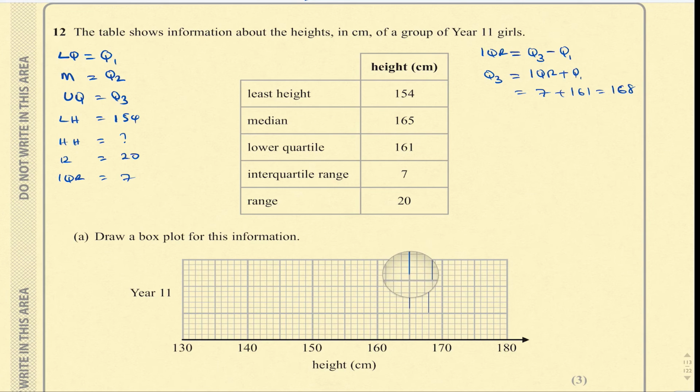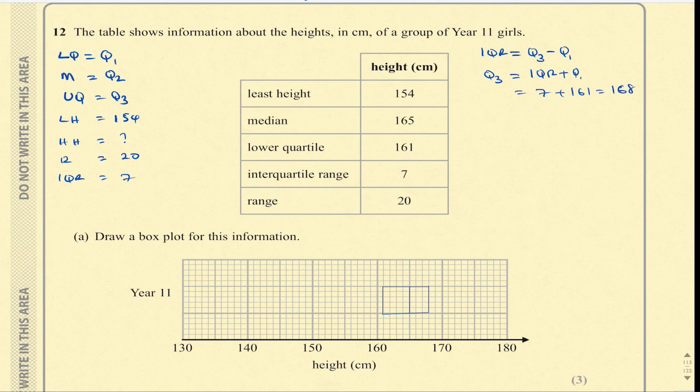So come here and I draw 165. Next is to draw the lower quartile, which is 161. So I'll come there and I draw 161. Now I need to join them together.